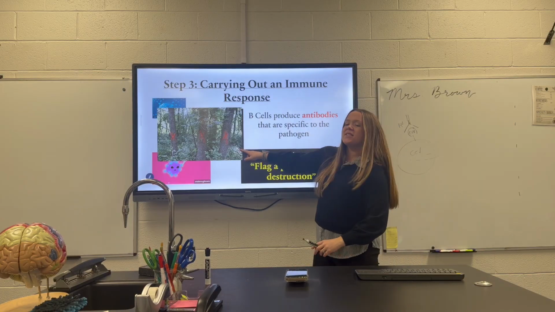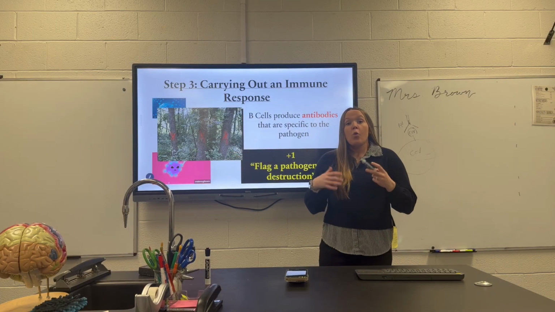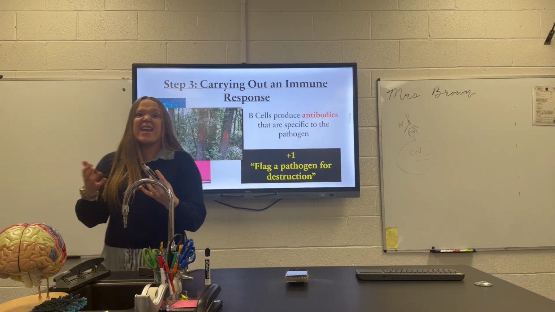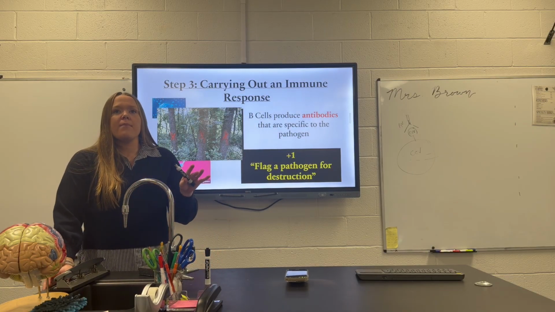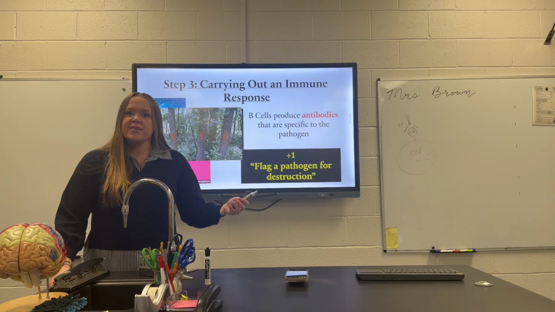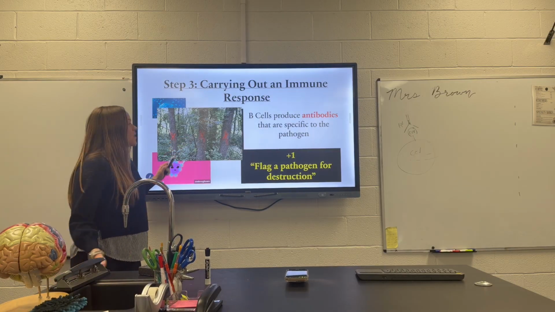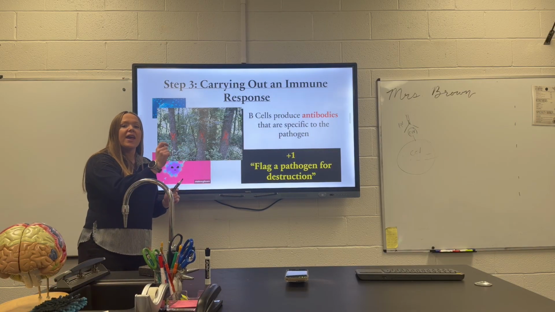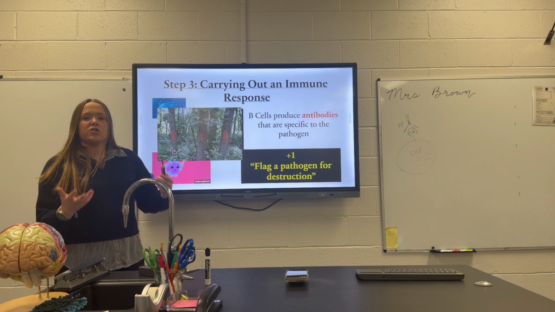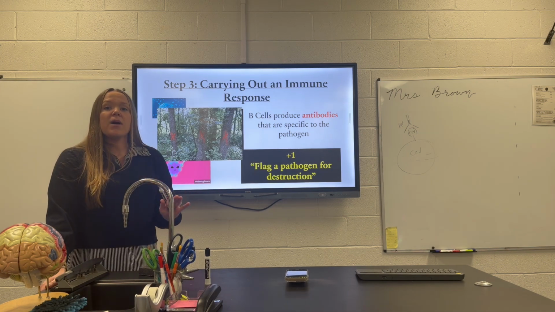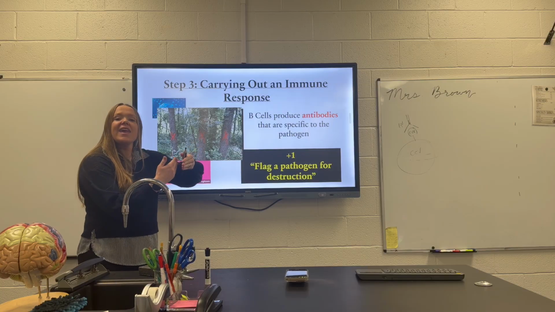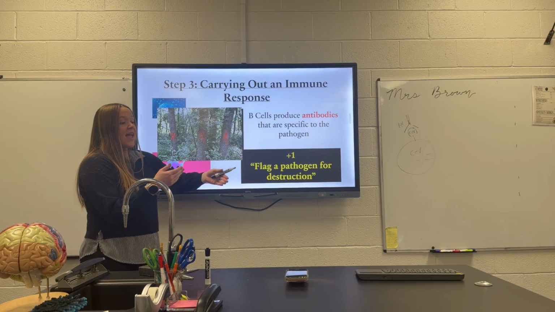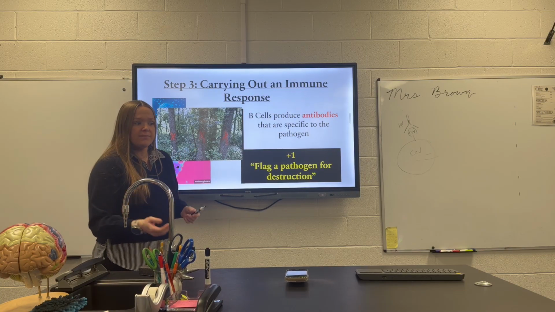Remember, we used this example of how lumberjacks will go through a forest that needs to be taken down because maybe termites have eaten away at certain trees. And so they mark them with an X with a paint spray can to mark them for destruction. It's the same thing. The antibodies work in a very similar way. They connect to that antigen on the pathogen, and they flag it for destruction.